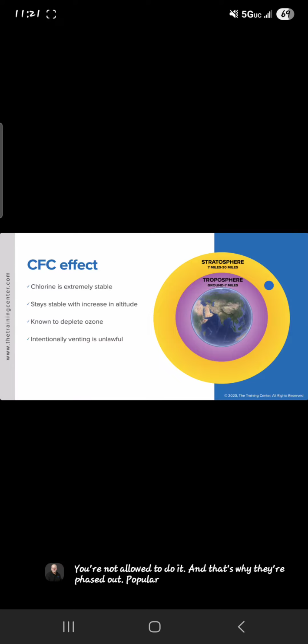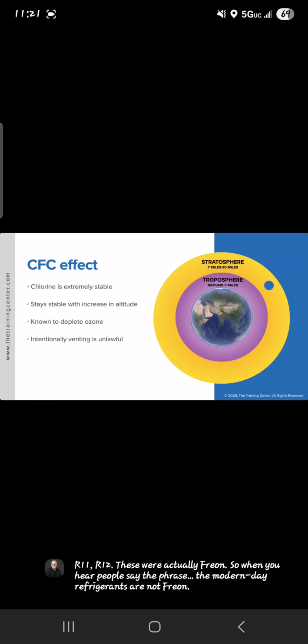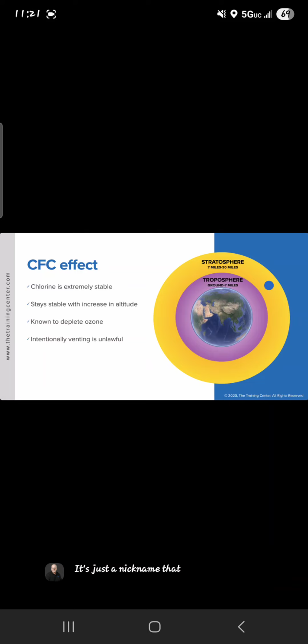Popular brands, R11, R12. These were actually Freon. So when you hear people say the modern day refrigerants are not Freon, it's just a nickname that stuck. R11, R12 did the most damage to the ozone layer. They are phased out. Class 1 phased out.